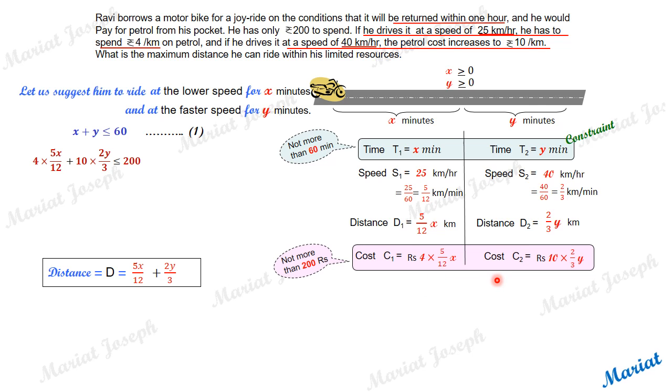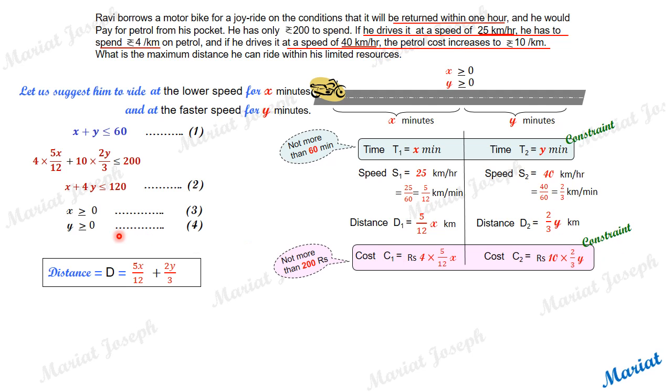Altogether, the total cost will be 4 into 5x by 12 plus 10 into 2y by 3, which cannot be more than 200 rupees. Hence, we get another inequation, which simplifies to x plus 4y less than or equal to 120. This is the second constraint that he has to keep in mind.